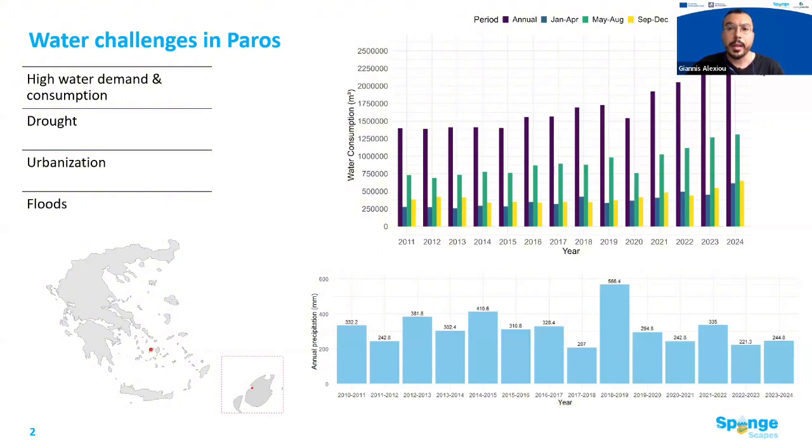Also, the increased touristic development during the last years is reflected in the water consumption, as you can see in the graph on the right side of the screen. Water consumption nowadays is nearly doubled compared to 15 years ago, while annual precipitation is very low most of the time, and in many cases it's less than 300 millimeters per year.